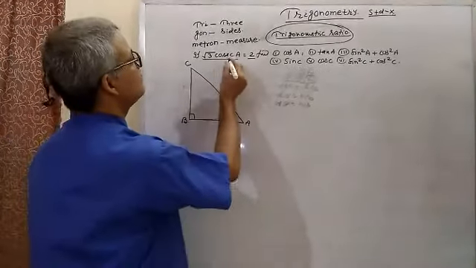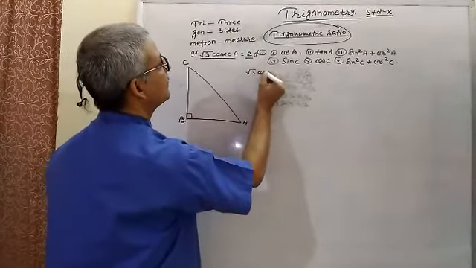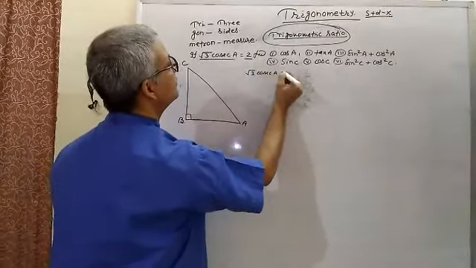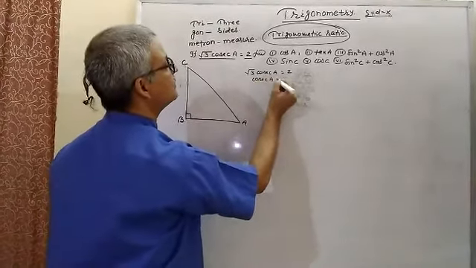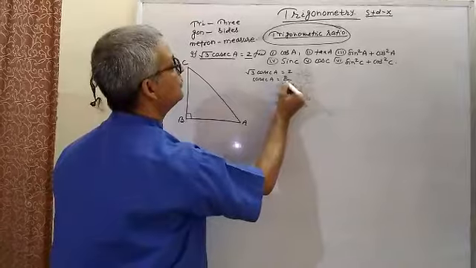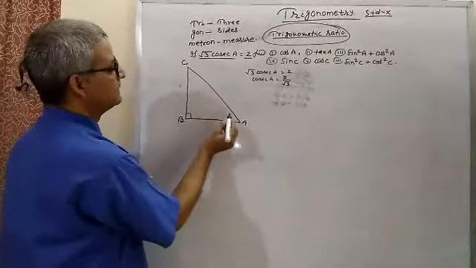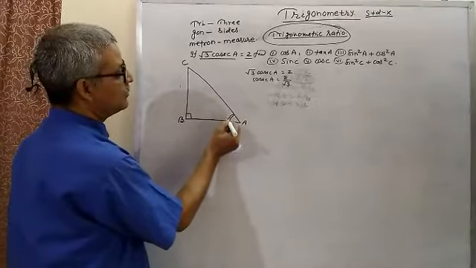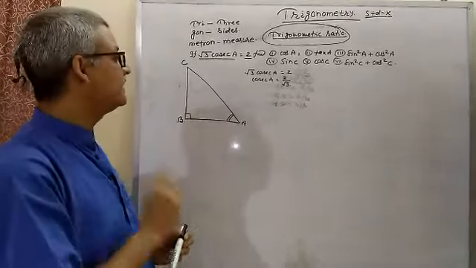Now first we will take the relation root 3 cosec A is equal to 2. It means cosec A is equal to 2 by root 3. Cosec A is equal to hypotenuse by perpendicular.